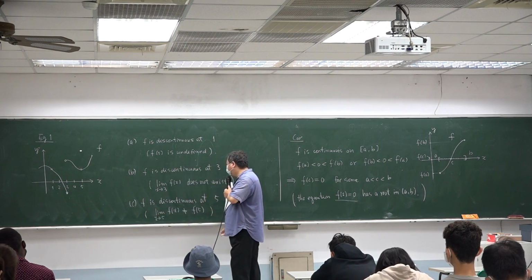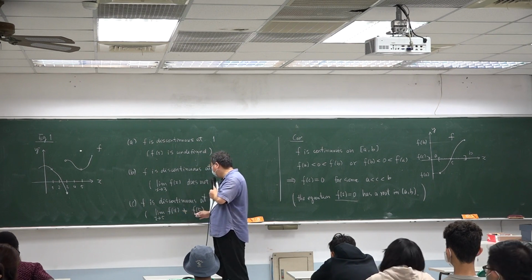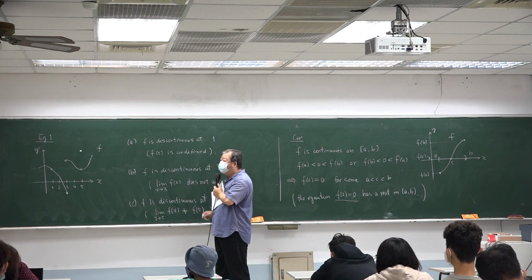Continuous at some point A means the limit of the function at that point equals the value of the function f at that point.